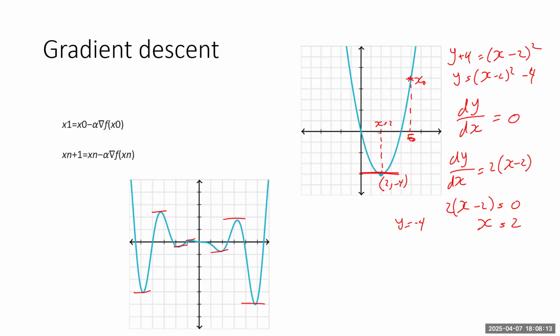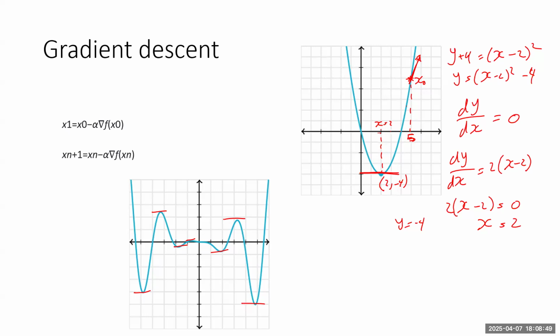Now, for this 5, I will try to find the direction of the derivative. I don't care about the derivative itself. I care about the direction of the derivative. Now, at this point, is the direction of the derivative positive or negative? It's going up because the next value is bigger than that. So it's growing. That's why I will go against this direction.